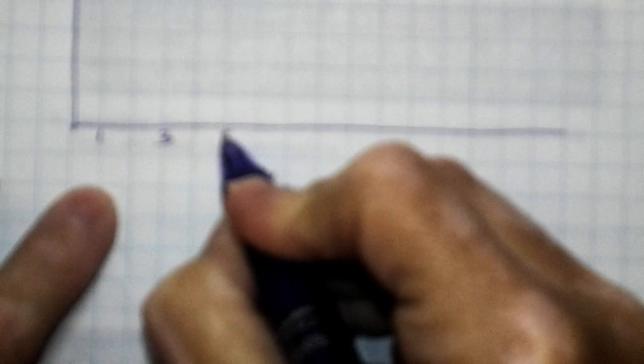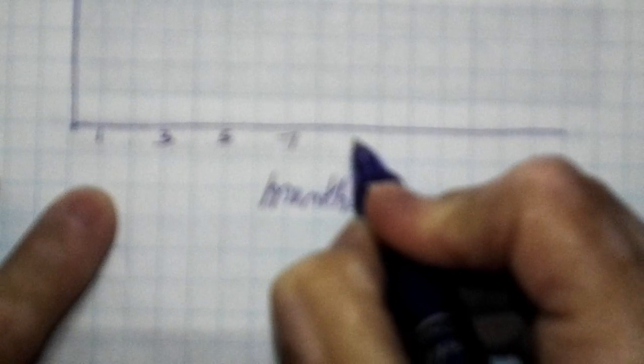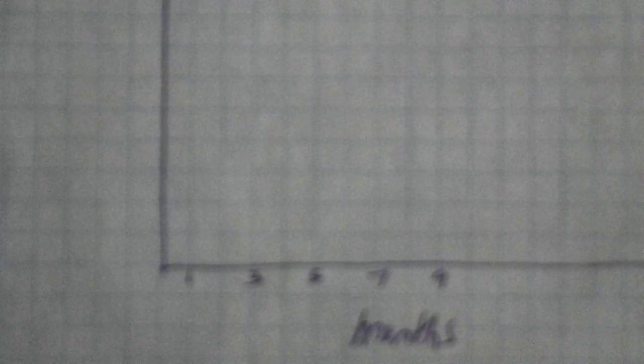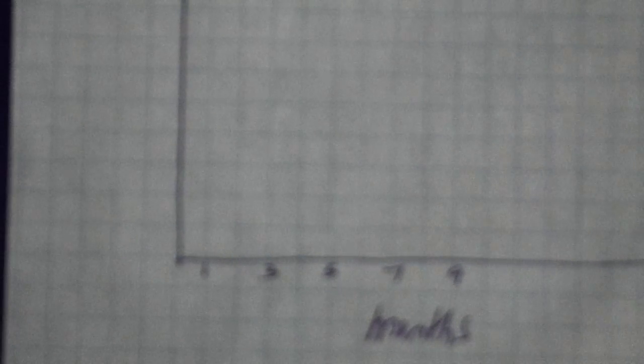So 1, 2, 3, 4, 5, 6, 7, 8, 9, and that's all we need to go to. And then for our other scale, what if we do, I don't know, let's do 5s.